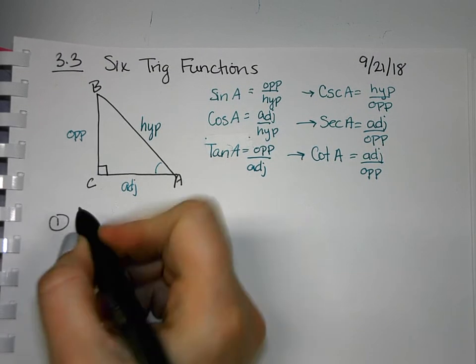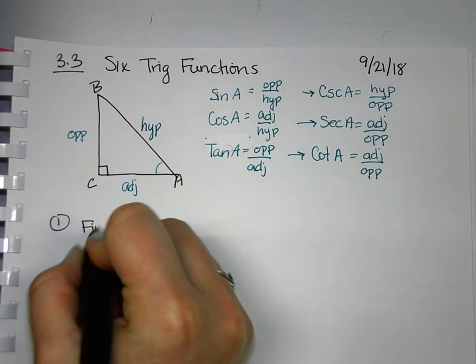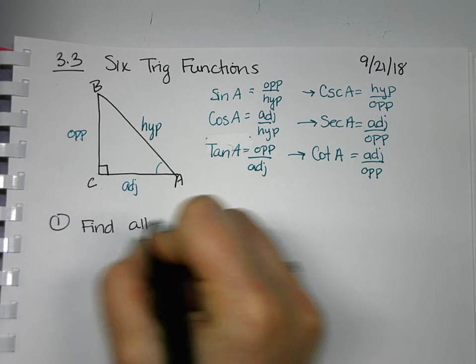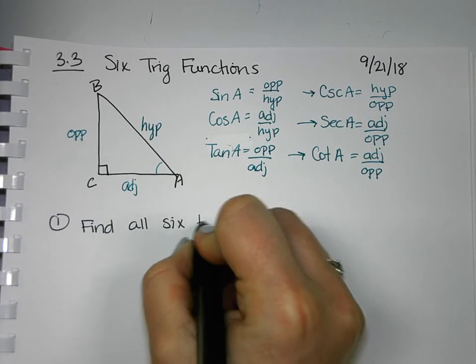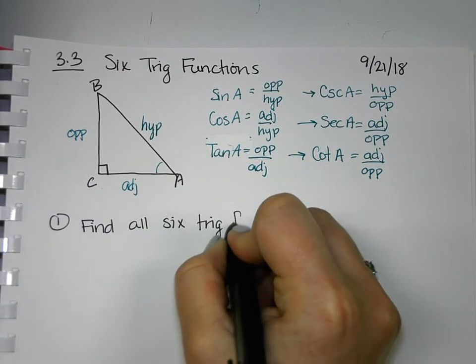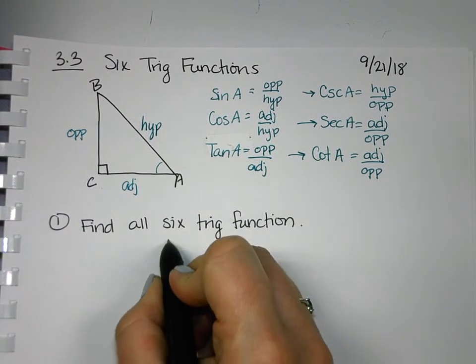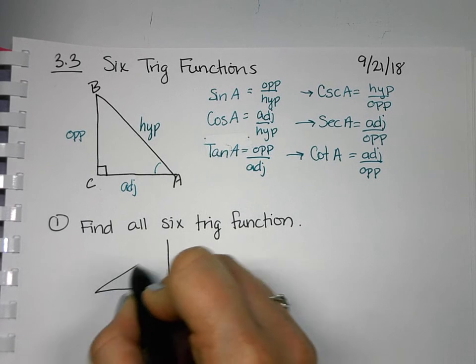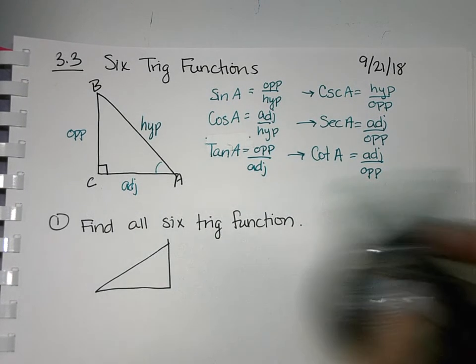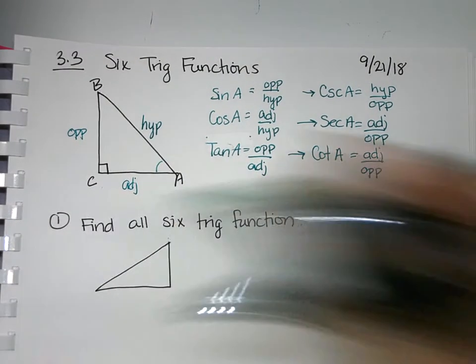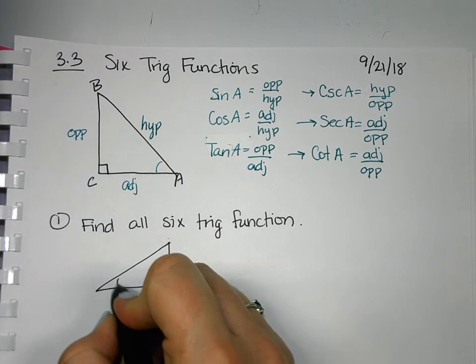So for our first example, we're going to be finding all 6 trig functions. And we're given the image. Oops, that's a little off. And we're told this is our theta.